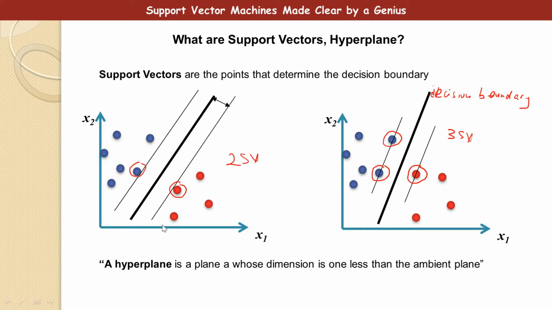So the hyperplane is simply 1 dimension less than the ambient plane. An example of a hyperplane is these lines we are drawing here. But in support vector machine, we call these lines gutters. The 2 lines by the side of the middle line are called gutters, and the midline is called the decision boundary.